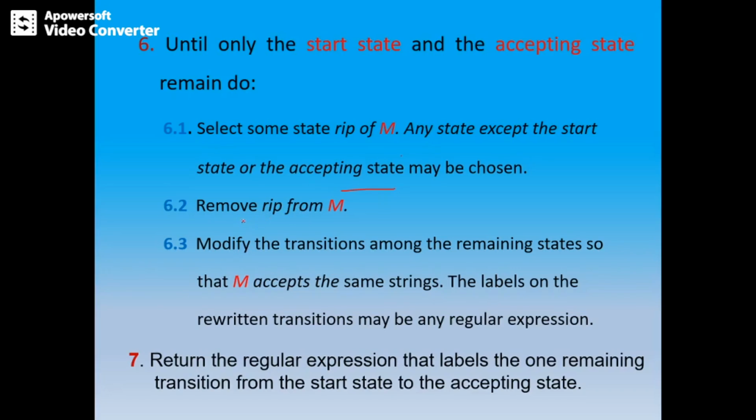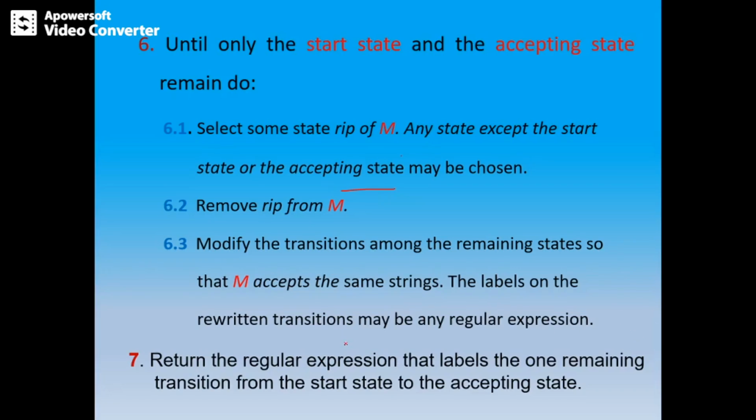Then, after selecting the state rip, you have to remove rip from M and modify the transitions among the remaining states, because after you remove the middle state, whatever transitions were possible through it you have to adjust among the remaining states.